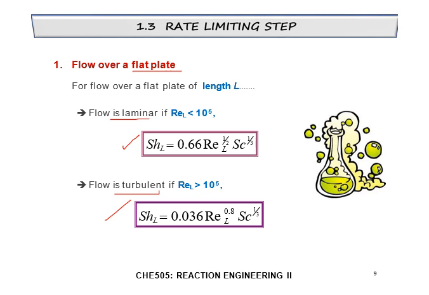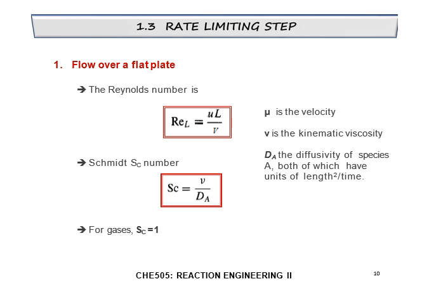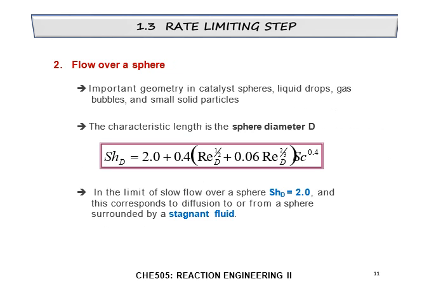So you need to find the Sherwood number. To find the Reynolds number, you use this theory, where this is the velocity, this is the kinematic viscosity, and then you can find it using the Schmidt number also. The Schmidt number for gases is equal to 1.